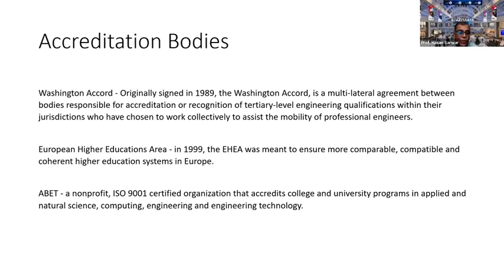As we know, there are some accreditation bodies like the Washington Accord, the European Higher Education Area, or ABET. So what is an accreditation body? An accreditation body ensures that a program is producing qualified and capable graduates conforming to a certain standard, especially in the case of engineering students, on which I am focusing today.